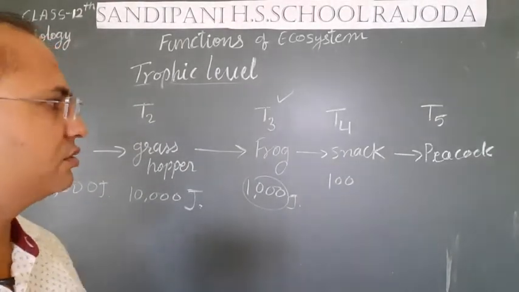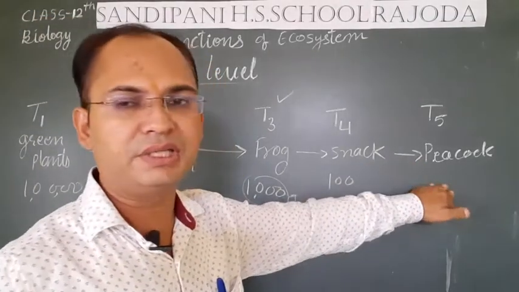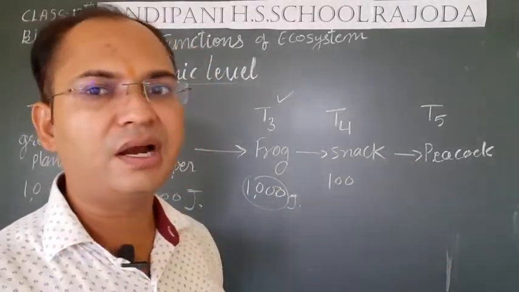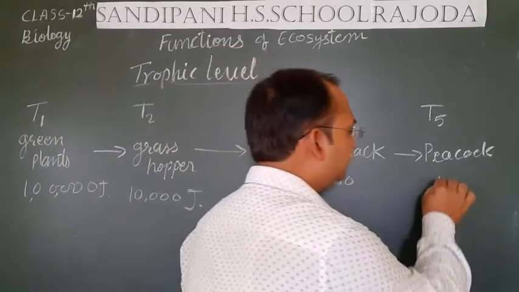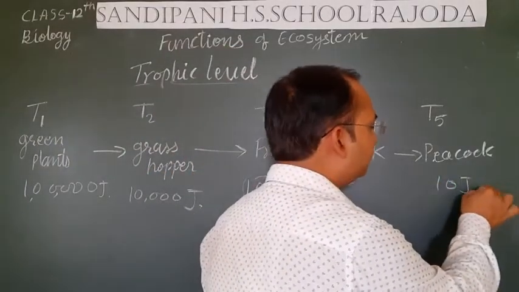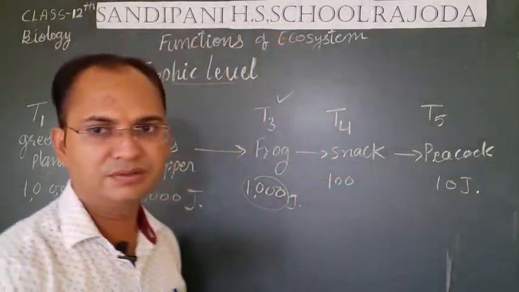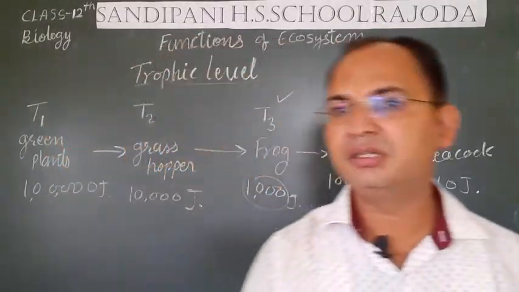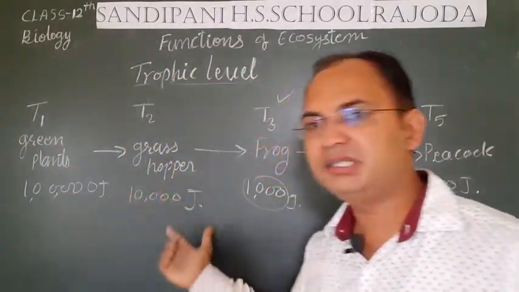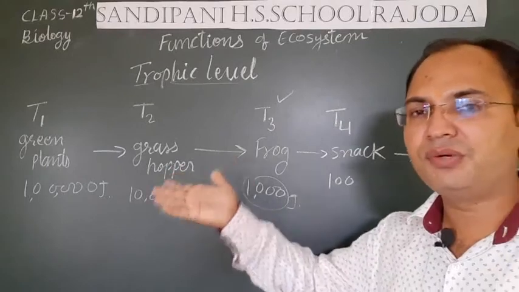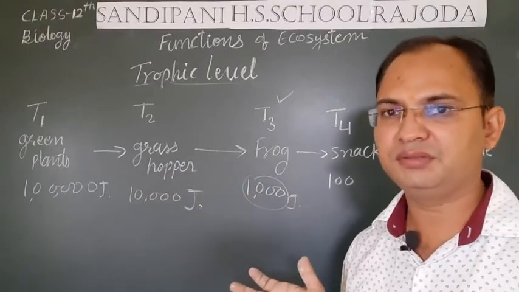And in the last, for the fifth trophic level, only 10% of 100, that is only 10 joule of energy, will be transferred. So you can see here that a very little amount of energy is getting transferred from one trophic level to another trophic level.